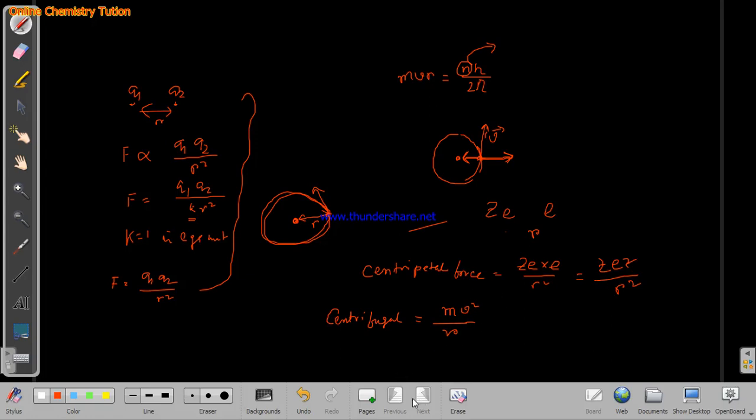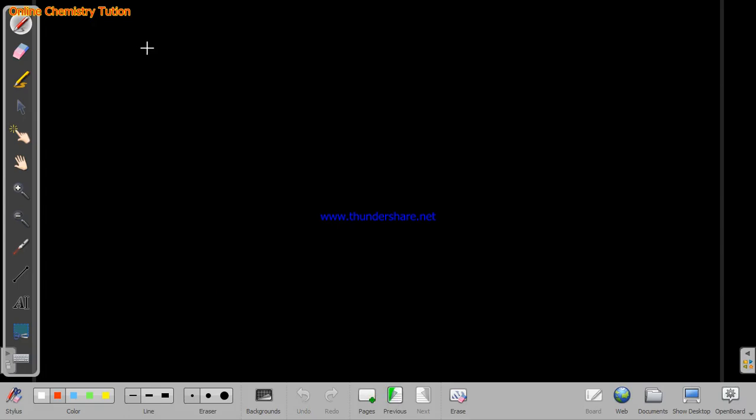We go to the next page. Now Ze square by r square equals mv square by r. So from here we write v square equal to Ze square by mr. According to Bohr theory, mvr, the angular momentum, is equal to nh by 2 pi.